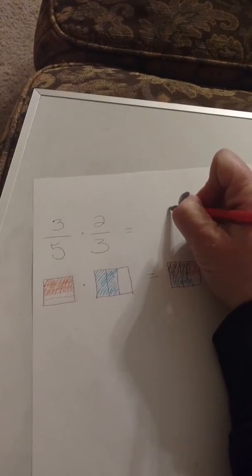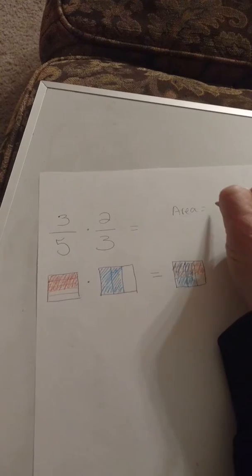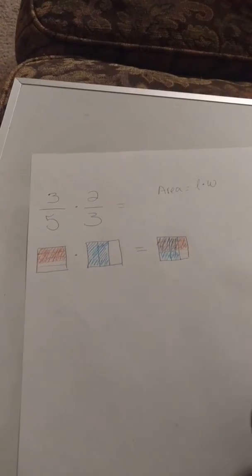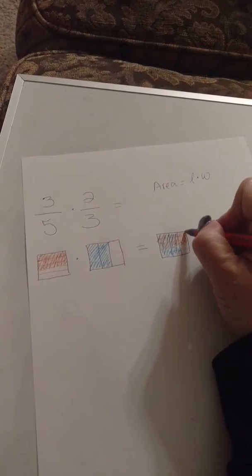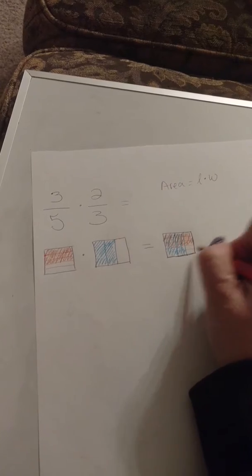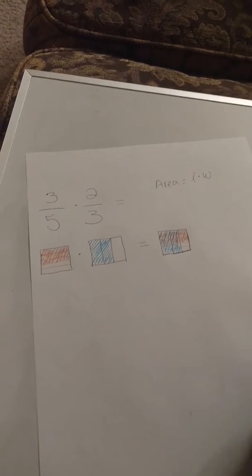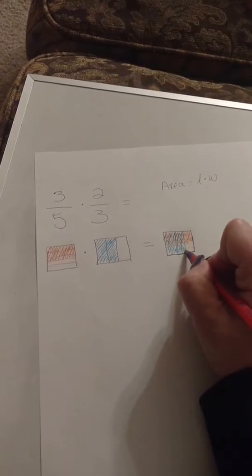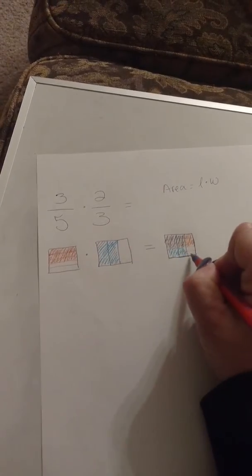Remember, area equals length times width. So I'm going to figure out the area of this main box first. So I'm going to figure out my width is 1, 2, 3 squares across.